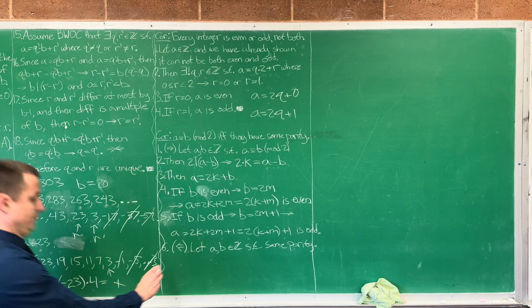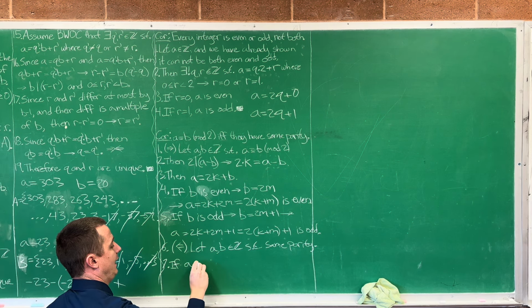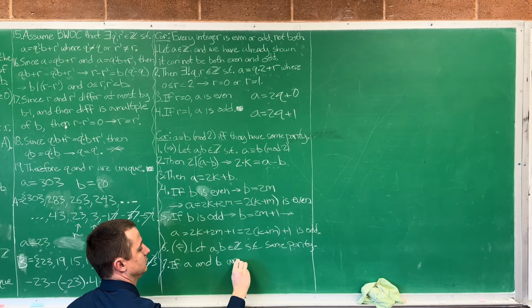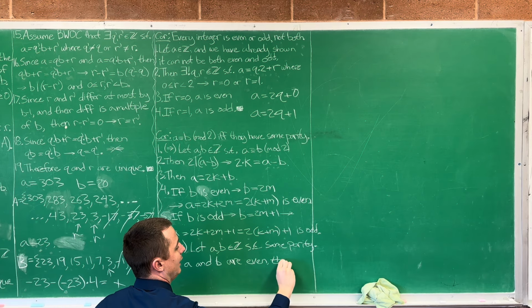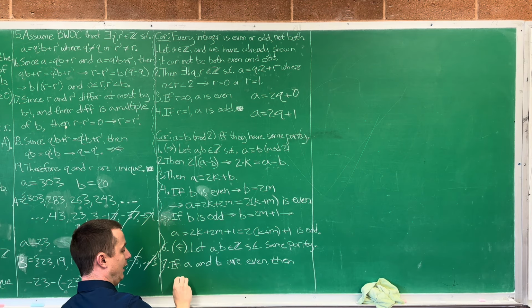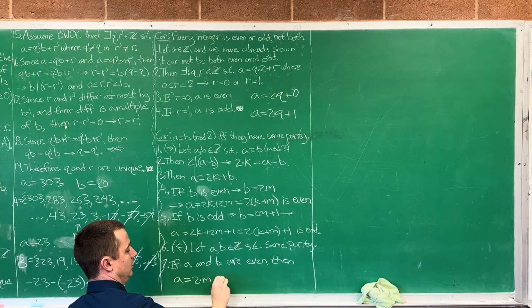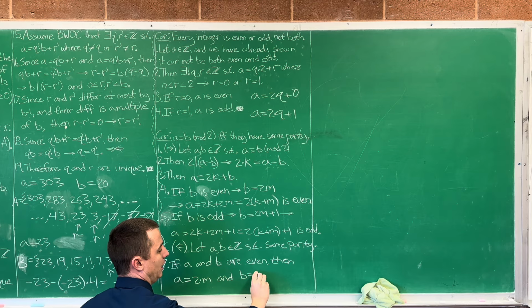So, case one. If A and B are even, what do I know? They're equal to 2k and 2n. Then I can say A is equal to 2 times some integer, and B is equal to 2 times some other integer.